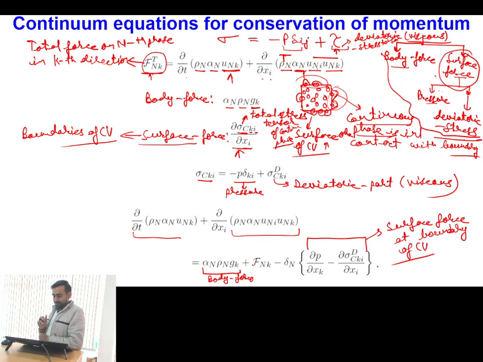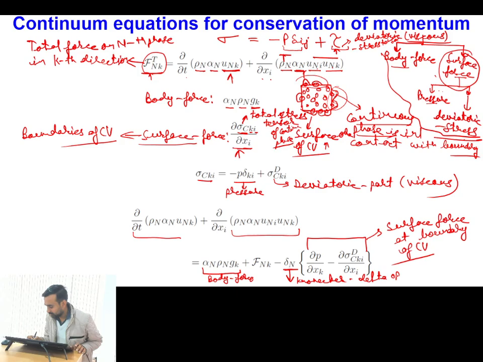Now, one important point: because I am writing this equation for which phase? The nth phase. It is not always true that the nth phase is my continuous phase. The nth phase can be the dispersed phase. But the surface force at the boundary of the control volume will only be acting for which? The continuous phase. That's why along with this term I have used one delta n over here. This is my Kronecker delta operator. What is the need for using this variable?